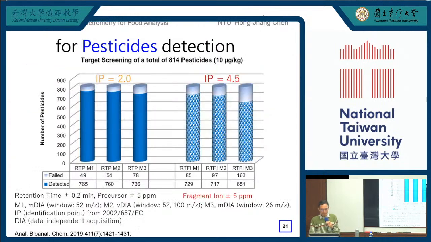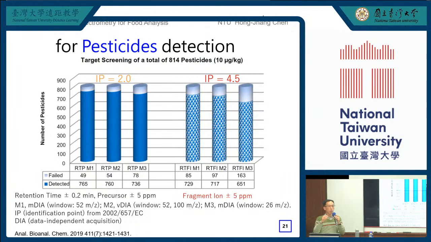Okay, so this one is for pesticide detection. Pesticide detection is a very important issue for food safety. So I just mentioned that in Taiwan, we have a multiple method to detect 380 pesticides in food. Last year, we detected 410 pesticides in food.